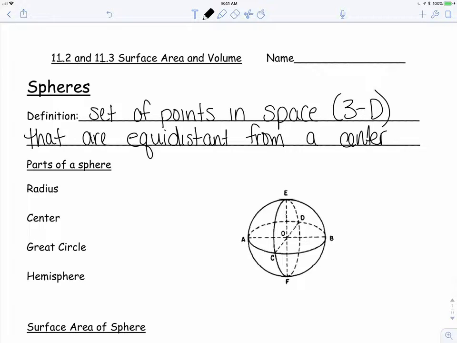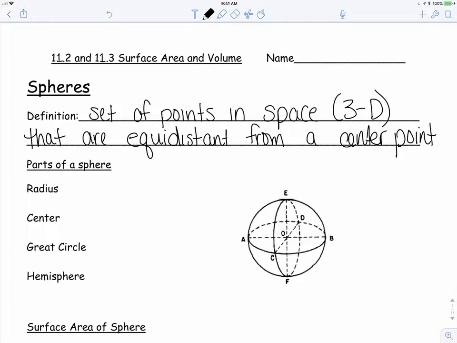You might think that that definition is pretty familiar because if you just take out "in space," it's the definition of a circle. So a circle is a set of points that are equidistant from a center point. But if we put that in space, then we can move in all directions, not just in 2 dimensions.